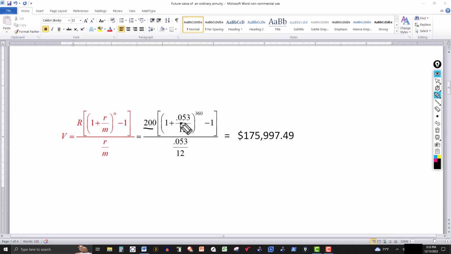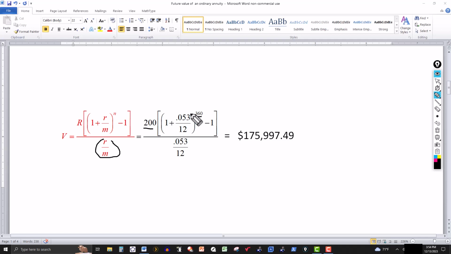is 0.053. Now here you do have to go ahead and put this in terms of a decimal. So the 5.3 goes to 0.053, and then it's compounded 12 times a year. And then the N is the number of payments or periods, 360. And then of course the denominator, you have the interest rate again divided by 12.